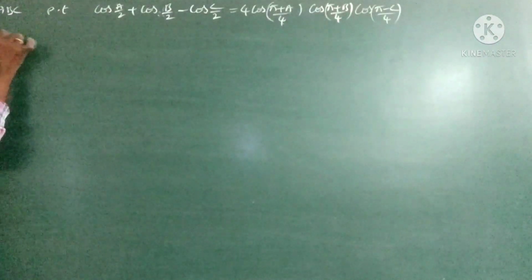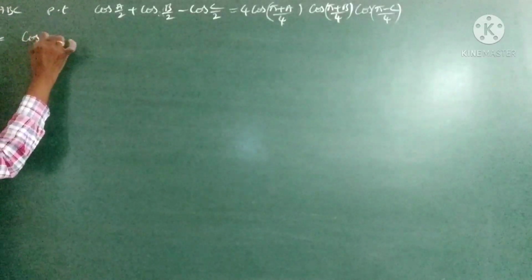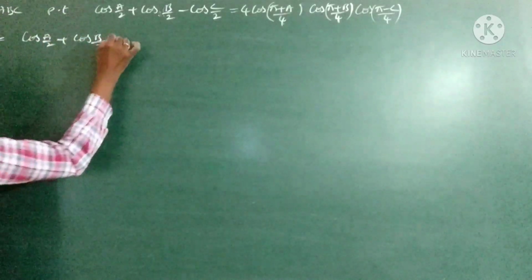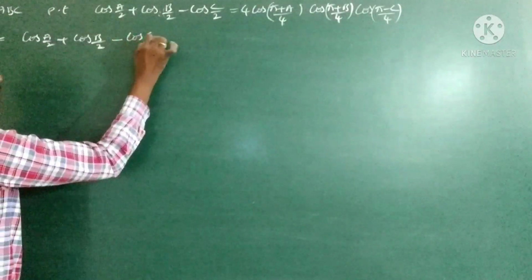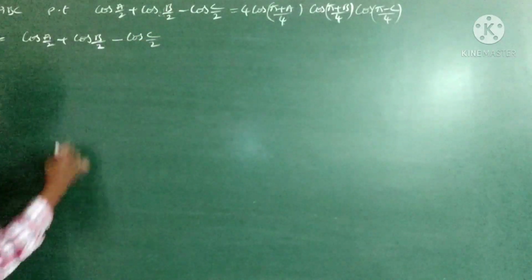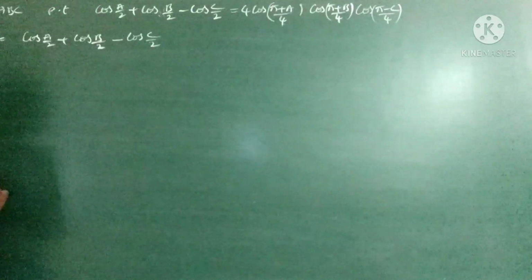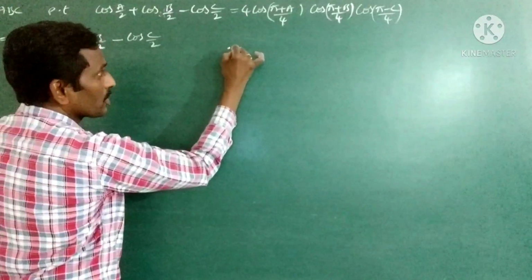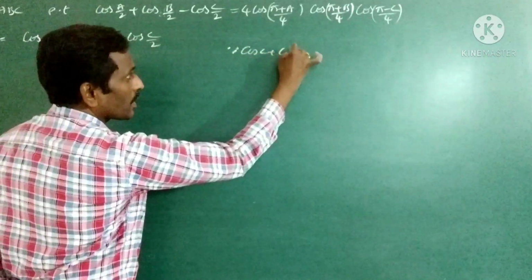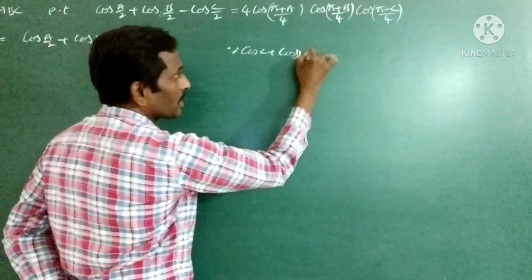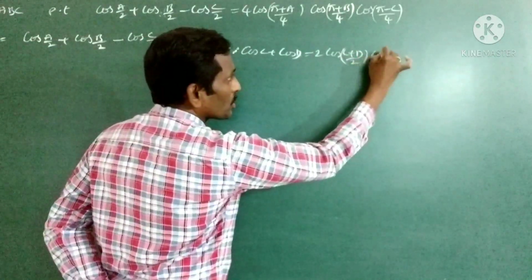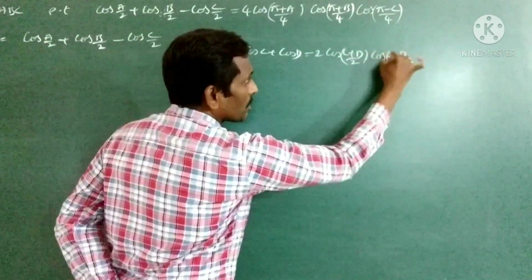Taking the LHS: cos A by 2 plus cos B by 2 minus cos C by 2. Apply the first step, the CD formula. Again it is the cos C plus cos D form we have. Cos C plus cos D. What is the formula? 2 cos of (C plus D) by 2 into cos of (C minus D) by 2.